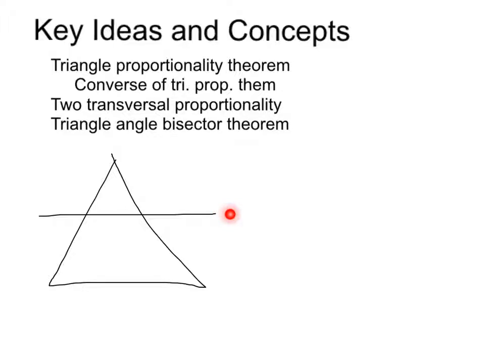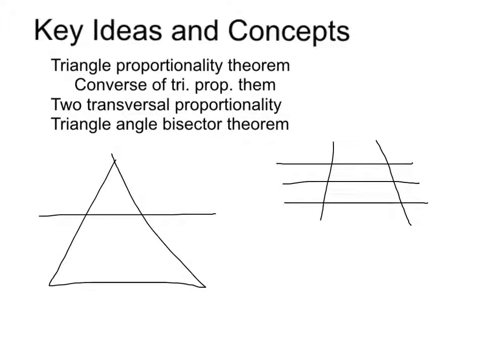The next thing that we learned is the two-transversal proportionality theorem, or corollary, which says if you have three or more parallel lines that are cut by two transversals, then the distances are proportional. So this distance divided by this distance is equal to this distance divided by this distance.